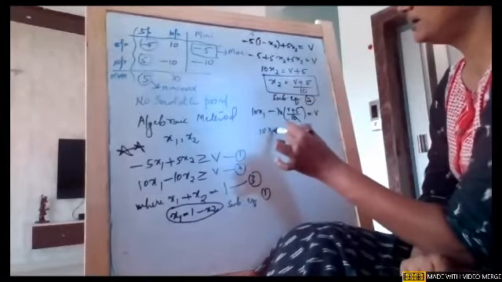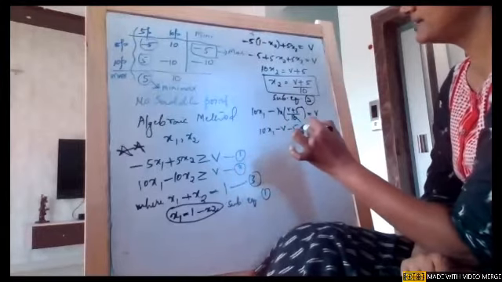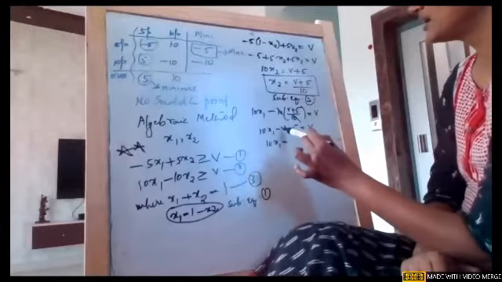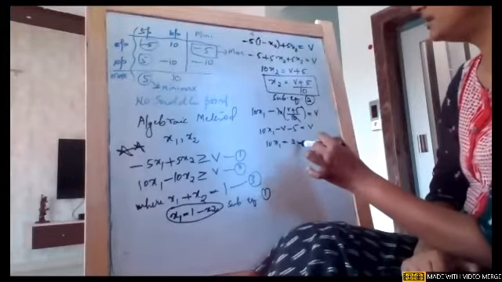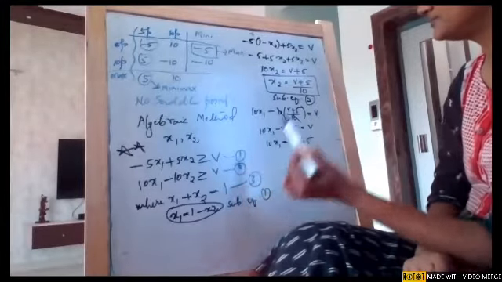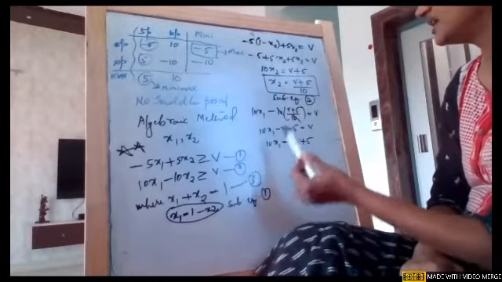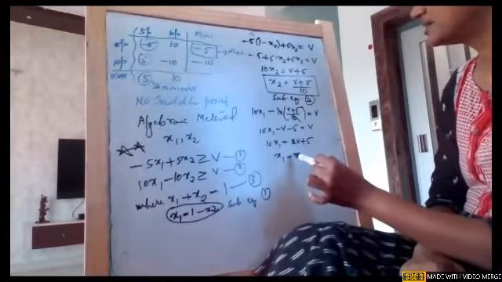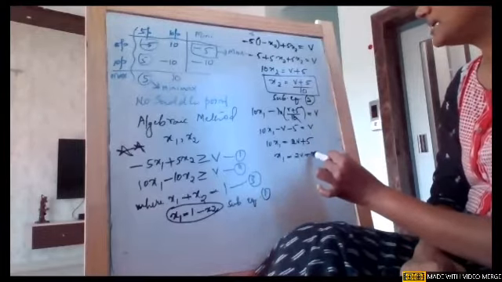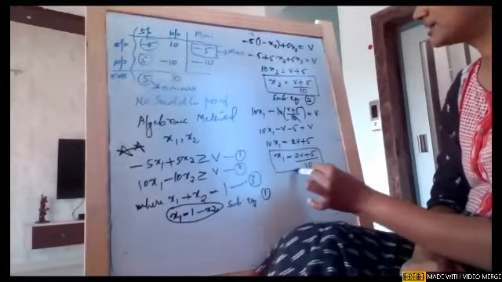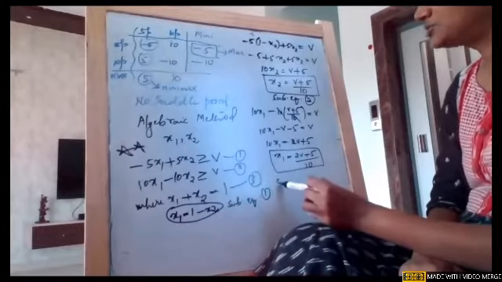So 10x1 minus v minus 5 is equal to v. So 10x1 is equal to, when they come this side, 2v plus 5. Am I correct? Yes, ma'am. x1 is equal to 2v plus 5 by 10.